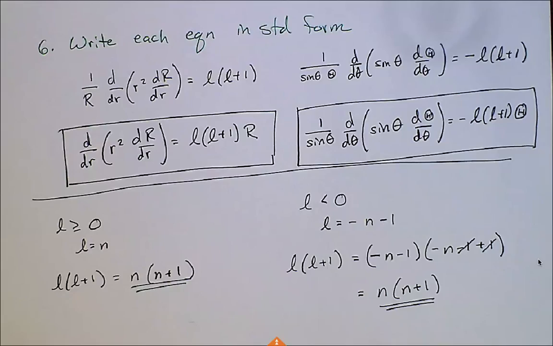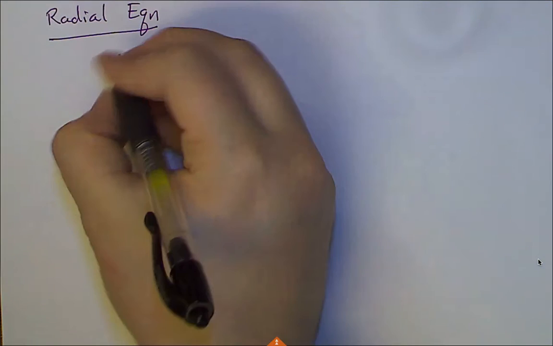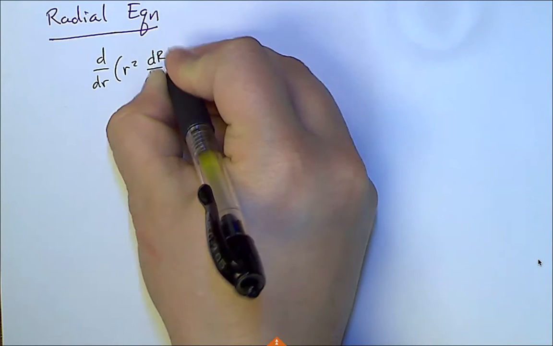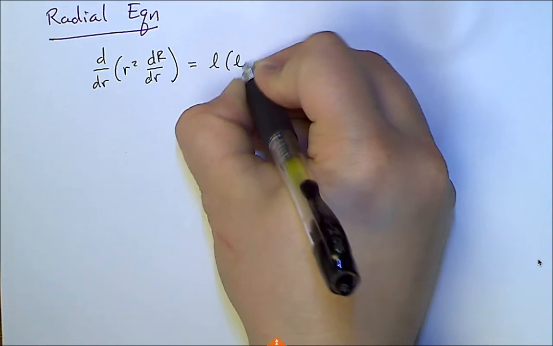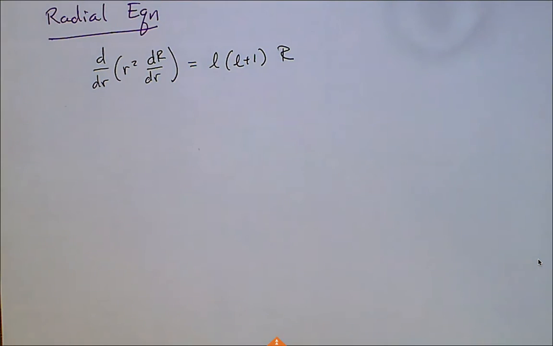All right, so next we are going to look at the radial equation. The radial equation is the equation that depends just on the radius or distance from the origin, which is r. So our radial equation is, remember, d dr of r squared dR d little r equals L times L plus 1 times big R. Now, we are not going to go through the process of solving this.